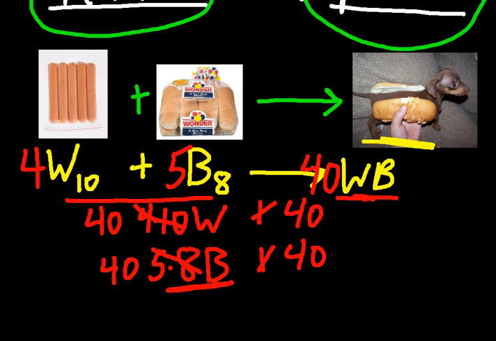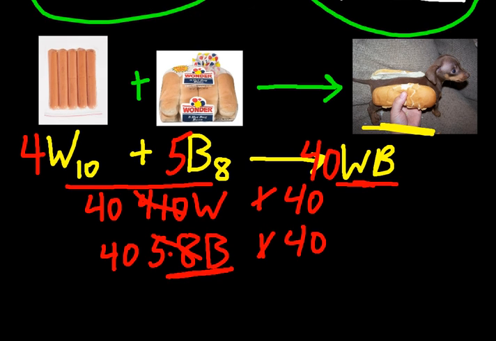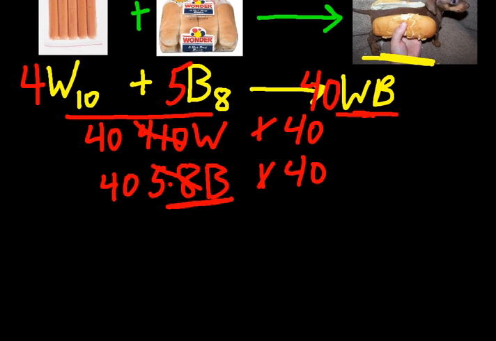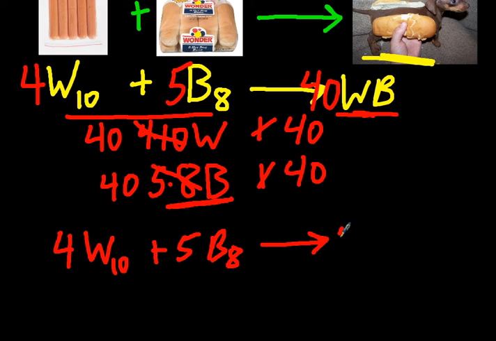So now our balanced equation is 4 W10 plus 5 B8 yields 40 WB. So basically, we have this hot dog and bun reaction.